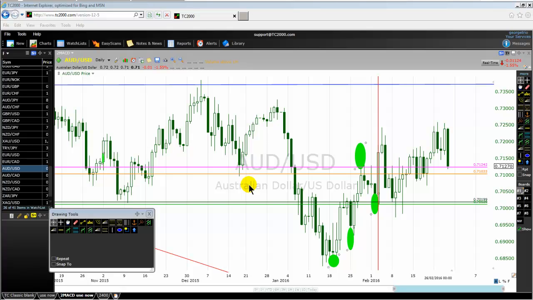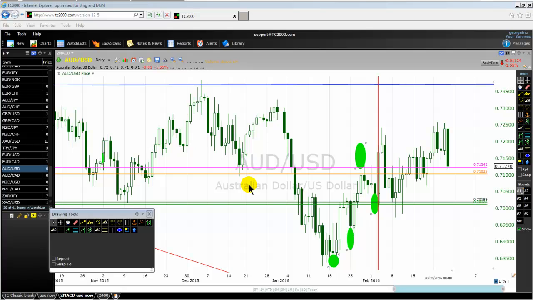Today, I want to share with traders 2 more key levels. The first key level is the long-term equilibrium price level that will remain in place throughout 2016. One cannot ignore the long-term equilibrium price level. The next key level is the short-term equilibrium price level.